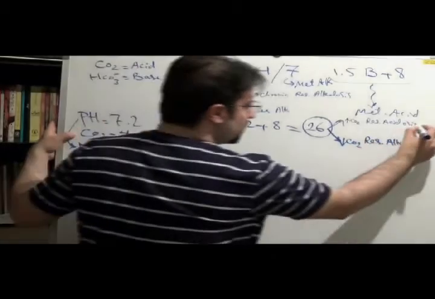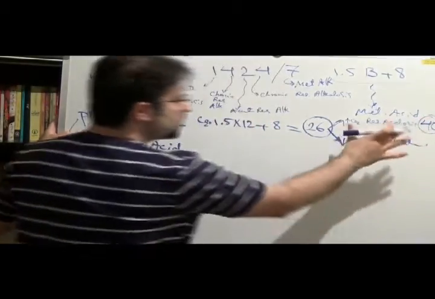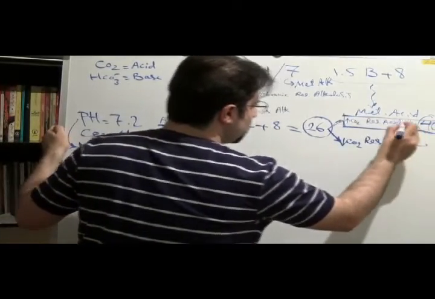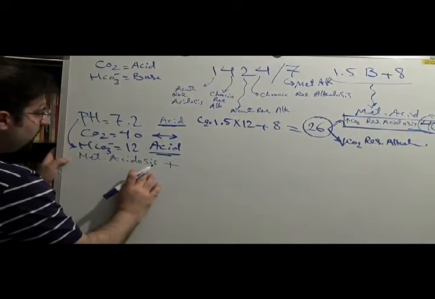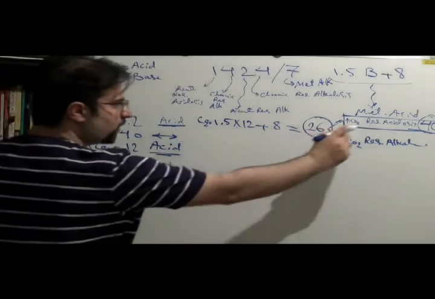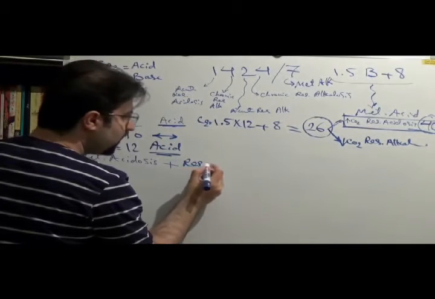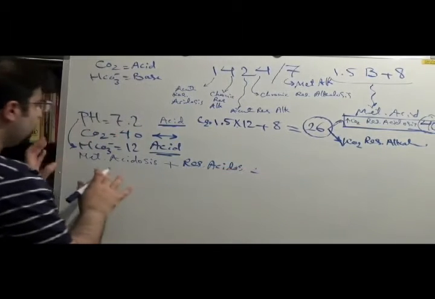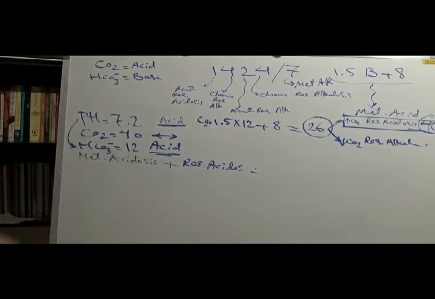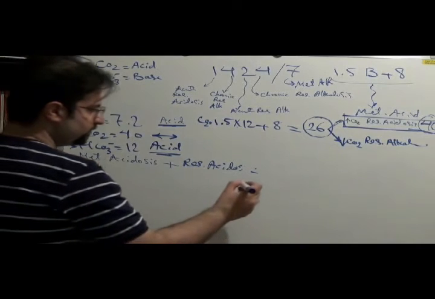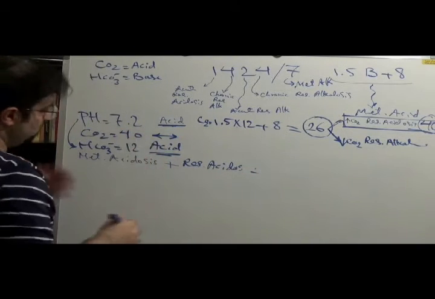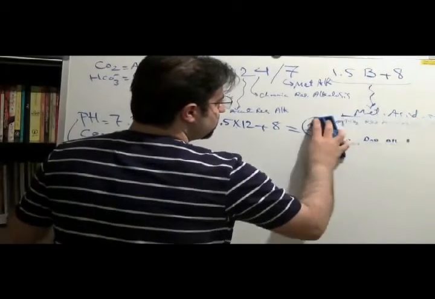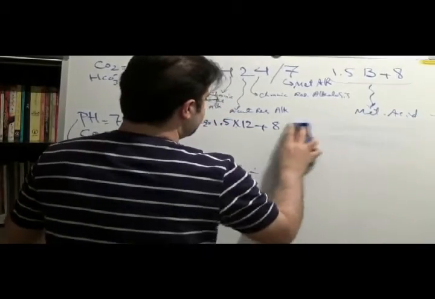It is 40 in our patient, so we have respiratory acidosis. In the first place, we had metabolic acidosis, and now we just proved that we have respiratory acidosis. So it is a mixed metabolic and respiratory acidosis. Okay, and the pH is low. Okay, this was the first example.